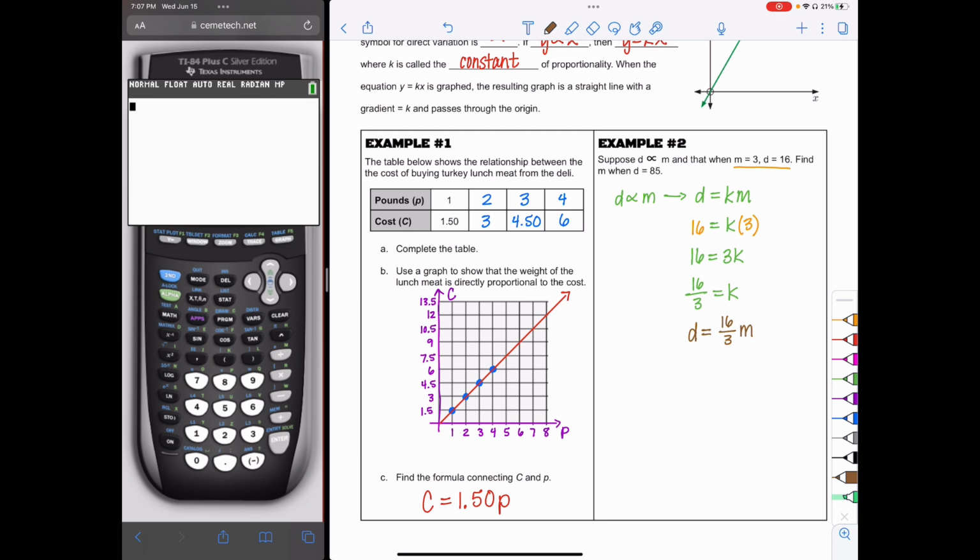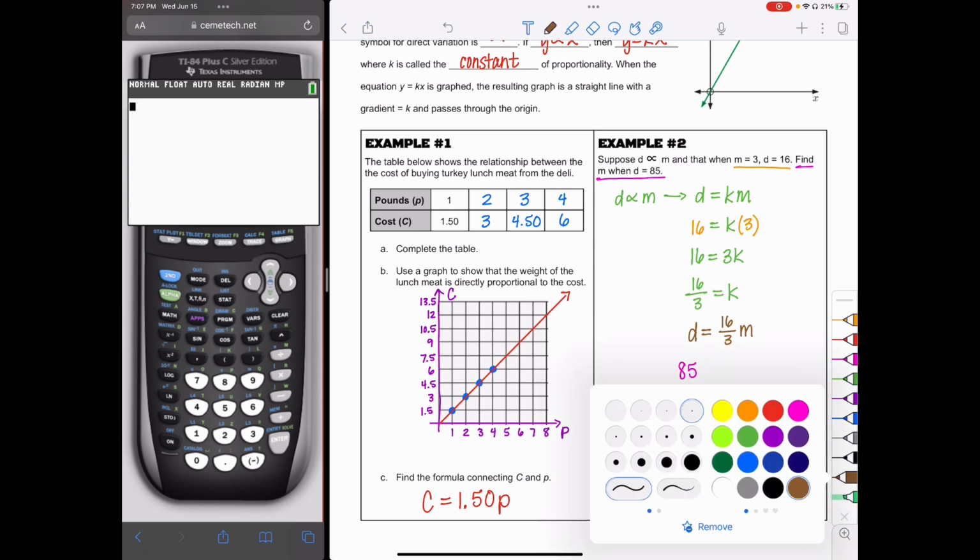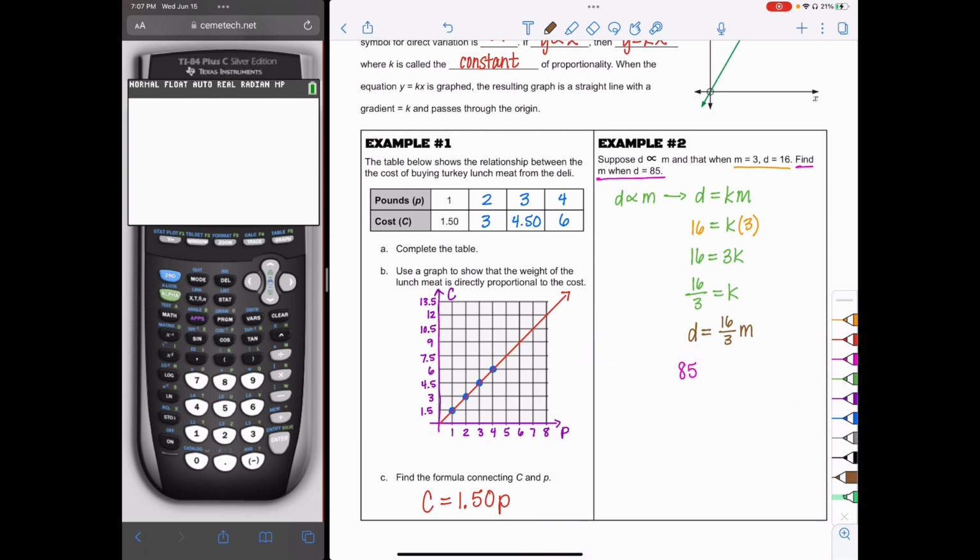So now I can answer the last part of my problem because it says find M when D is equal to 85. That is what my question is. So now if I know D is 85, I can say 85 is equal to 16 thirds times M. So now that I have that, I'm going to divide by 16 thirds.